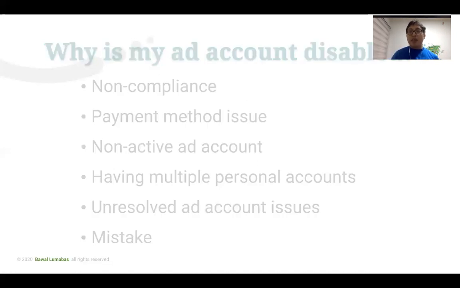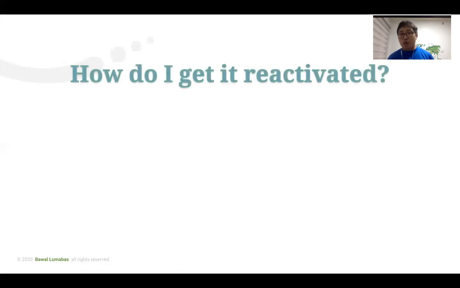All right, and with that we go to our fourth question: how do we get it reactivated? Again, I'm not a fan of overcomplicating things, because the answer here is very simple. You appeal. It's not a popular choice. It's not a sexy choice, but it is the proper process.